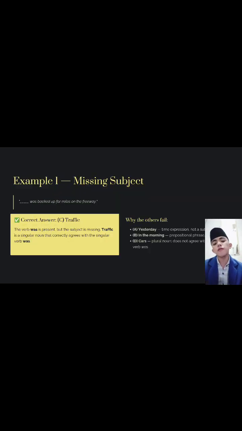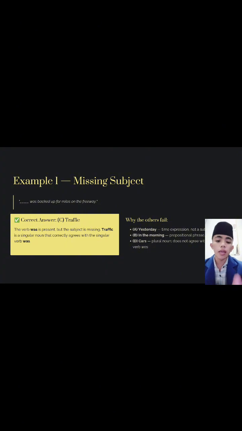So I would like to give you some examples. Example 1: blank was washed up four miles on the freeway. The correct answer is C, traffic. The verb was is present, but the subject is missing. Traffic is a singular noun that correctly agrees with the singular verb was.